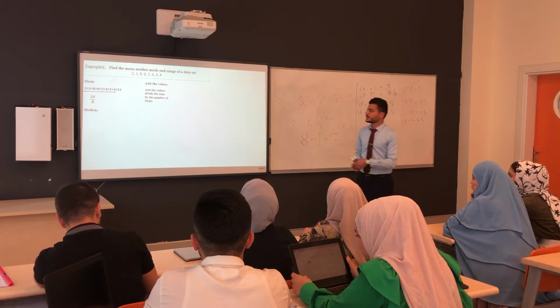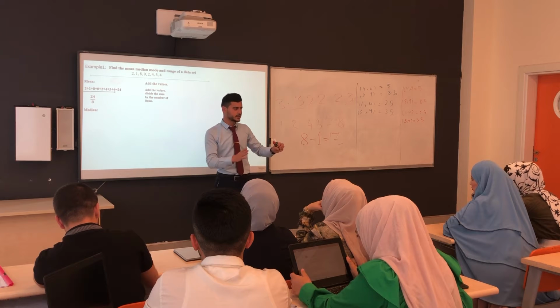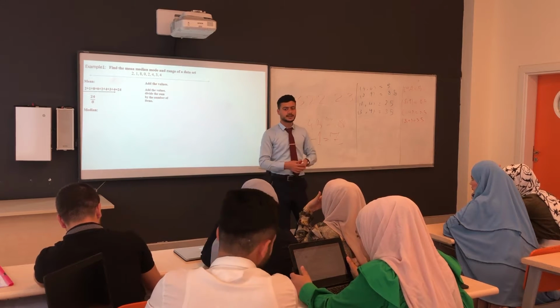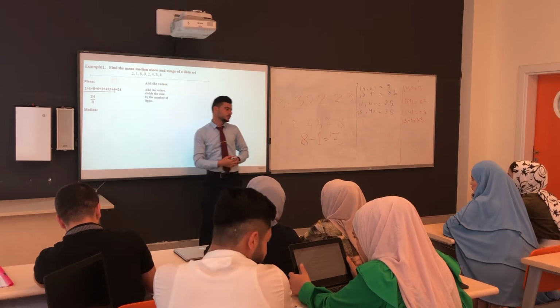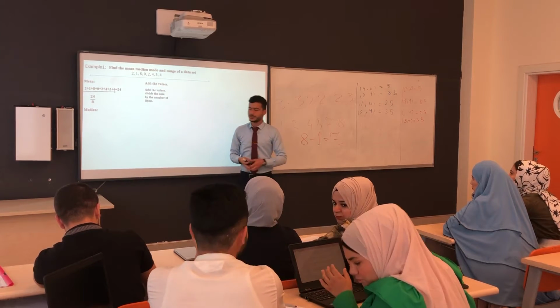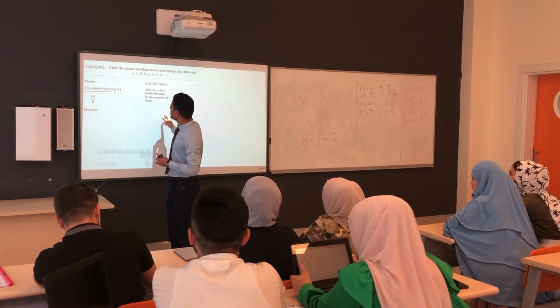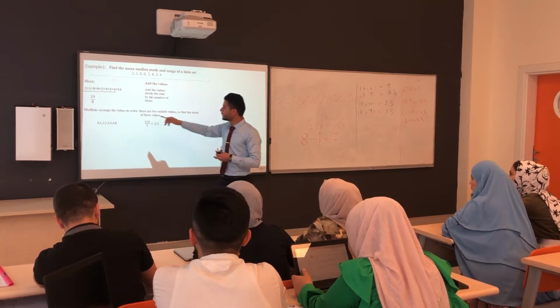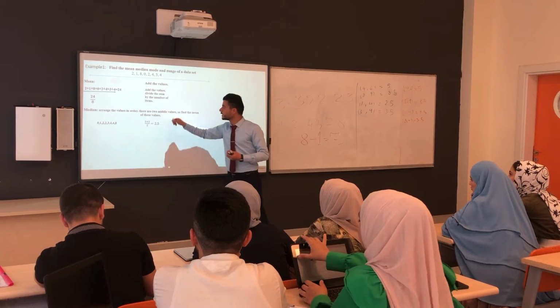as we said, for the median, we have to arrange them from the smallest number to the highest number. Don't forget that one. If you randomly find the median in here, you will make a mistake. Okay? Don't worry, it's easy. Arrange the values in order. There are two middle values, so find the mean of these.